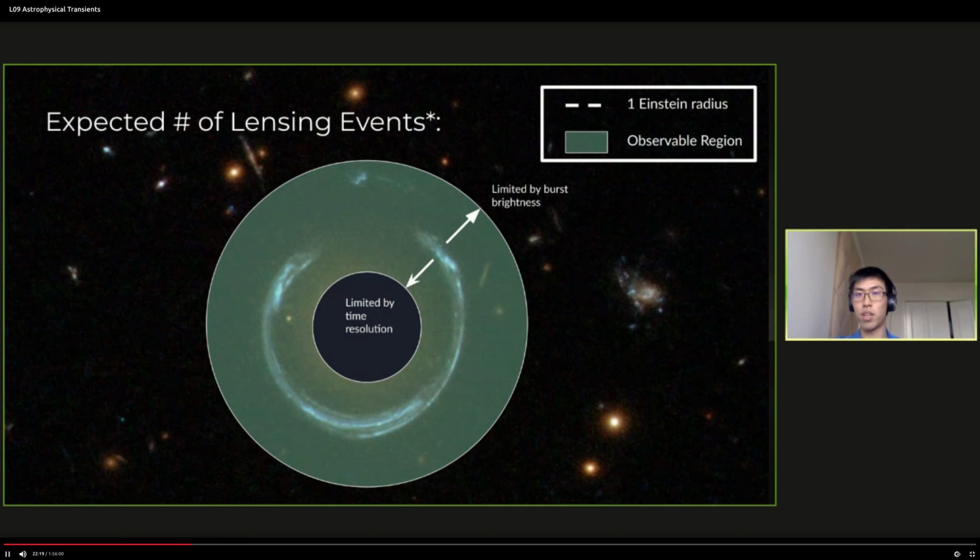So if you see a brighter source, then you can probe a larger pencil beam along the line of sight. And if you push time resolution like we're doing, this annulus closes up into a circle. Within that volume, with basic cosmological assumptions, you can predict the number of lenses that you actually expect to see. You can do this for every single burst sight line and stack over burst sight lines to probe many, many different pencil beams at different directions throughout the universe towards each of the FRBs that you see.